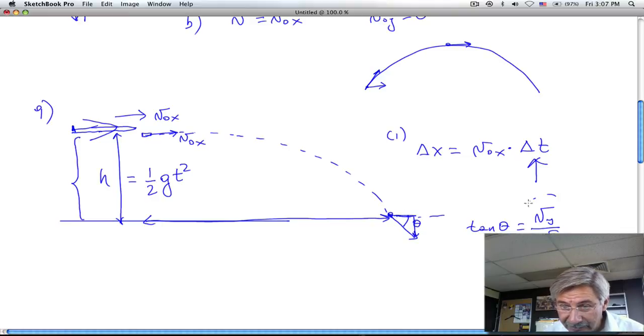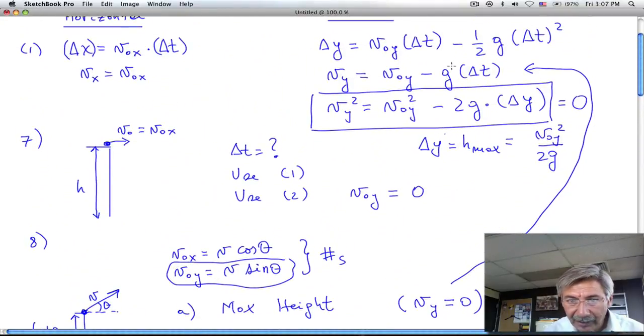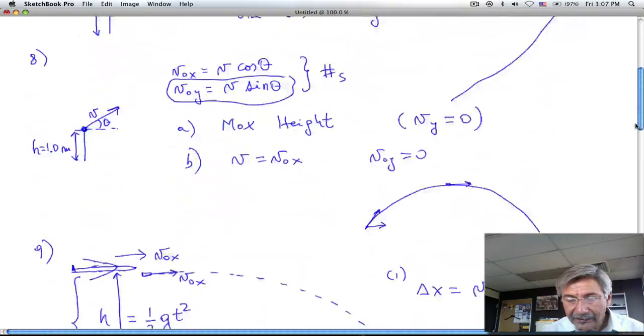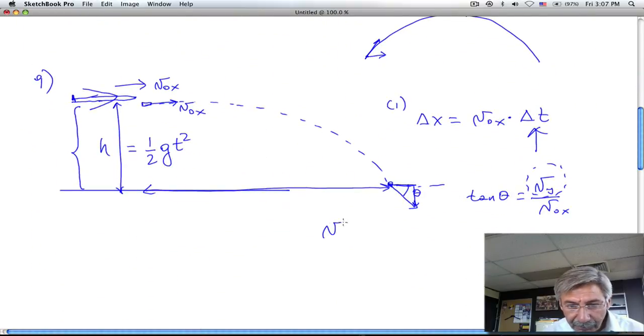So what's the vertical component? That's easy, because you come back here and the vertical component of the velocity is the initial vertical component, which is 0, minus g times this time, because that's the time to get down here.